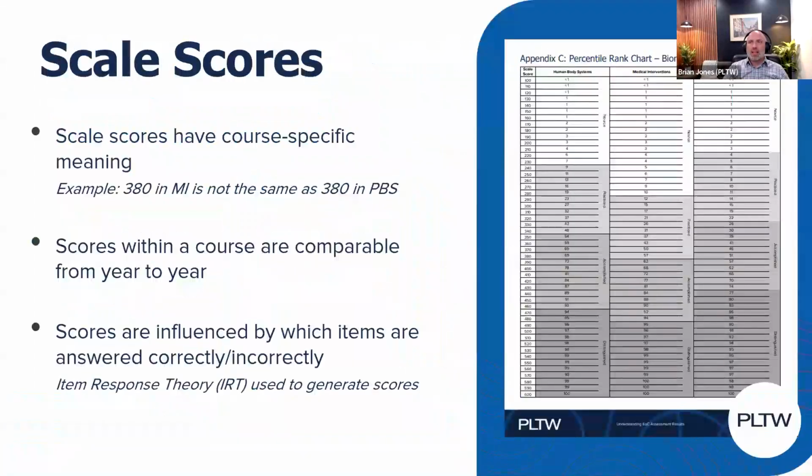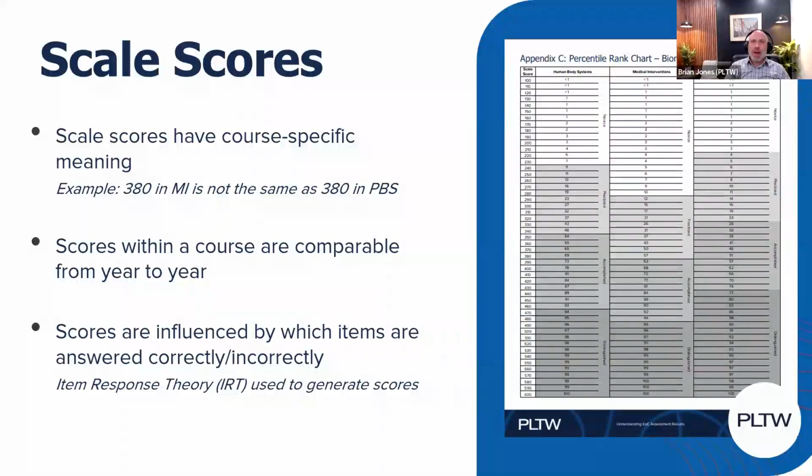Now, one of the things that not as many people are aware of is that those cut points for distinguished or accomplished, those actually shift depending on which course the student is taking and what test they're taking, because the content of that test is different and they're a different combination of items.